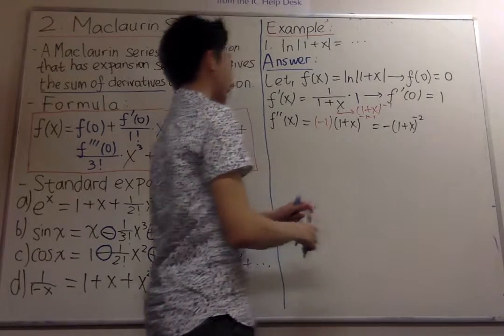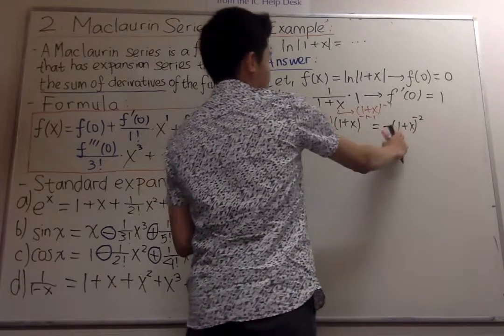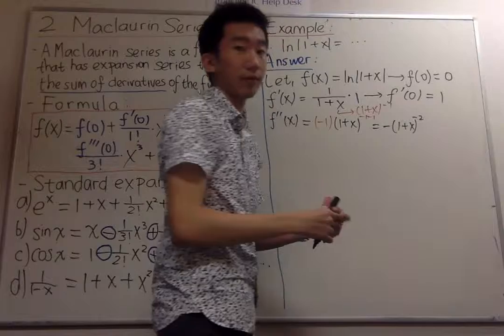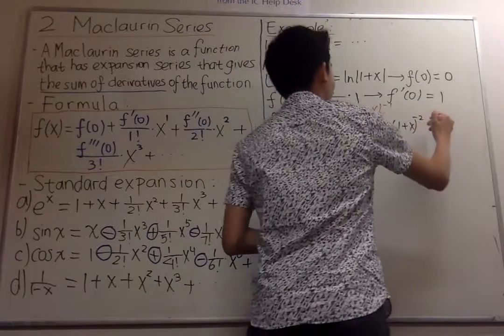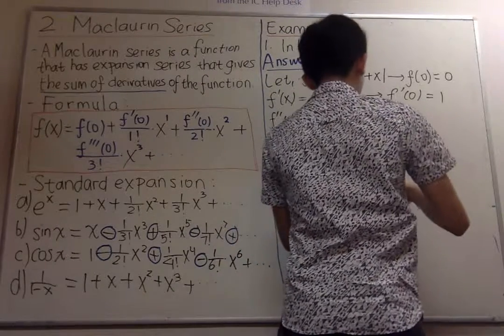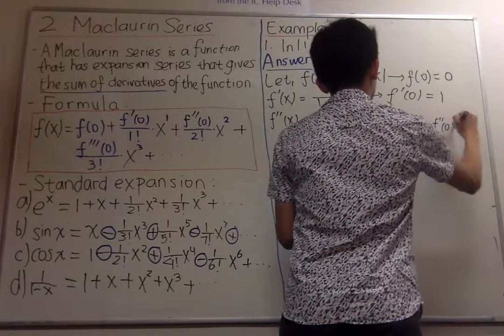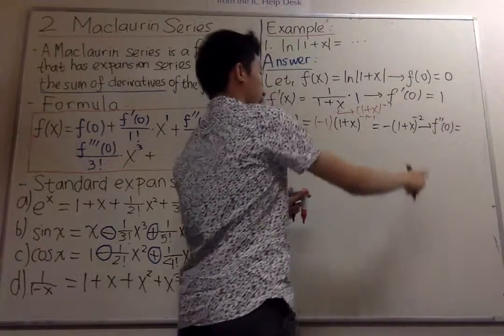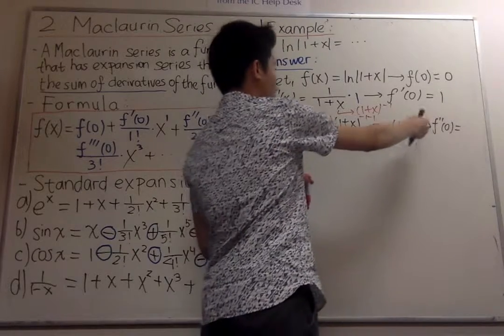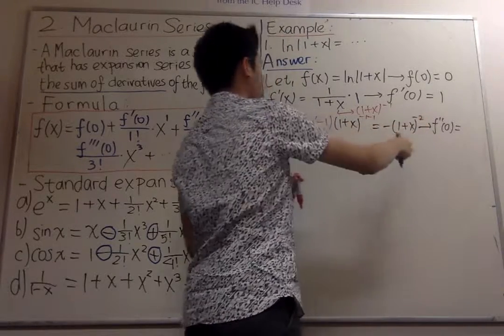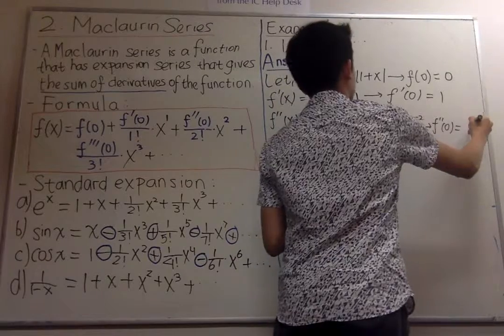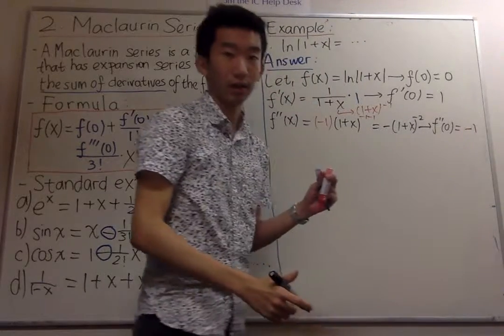Now when we plug in x equal to 0, we have f double prime of 0: 1 plus 0 is 1, 1 to the power of negative 2 is still 1, and so we have negative 1 here.